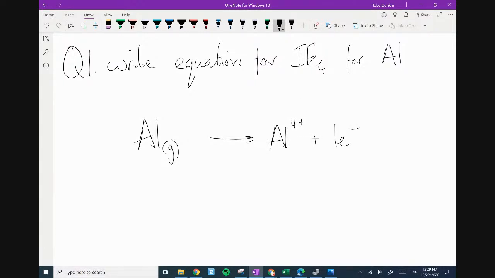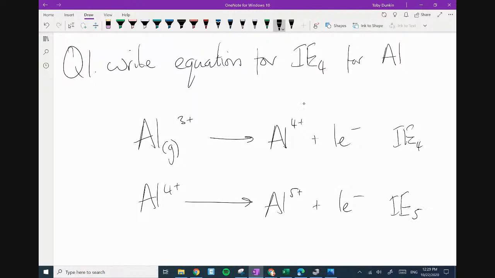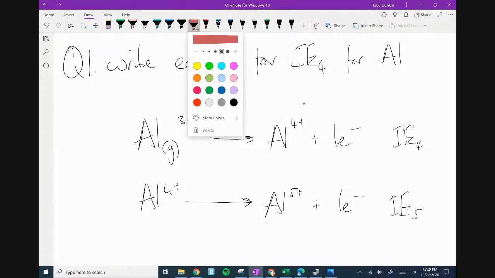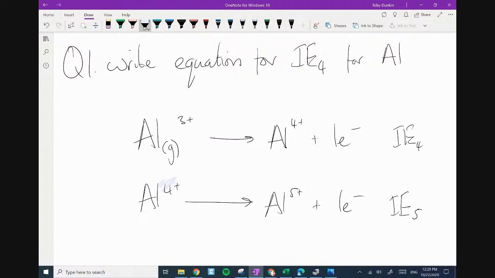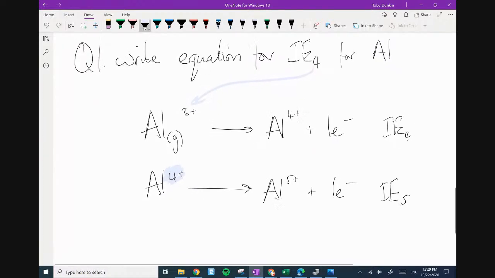This is the trap. Lots of people do it the other way round. It means you start at +3 and end at +4. Lots of students make the mistake of doing ionization energy number 4 and writing that one. That is not it. This here is IE4. This one is IE5. Just because they start at 4, it's a very basic trap. IE4 actually starts at +3, so just watch out for it.